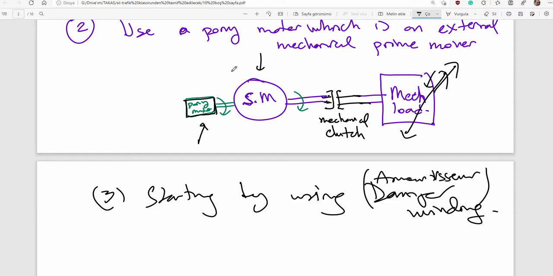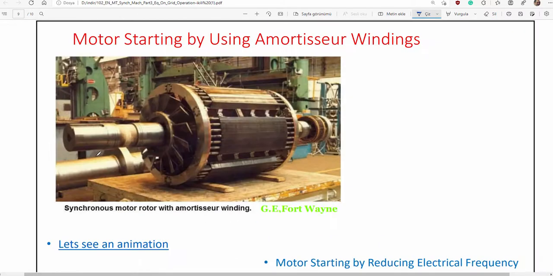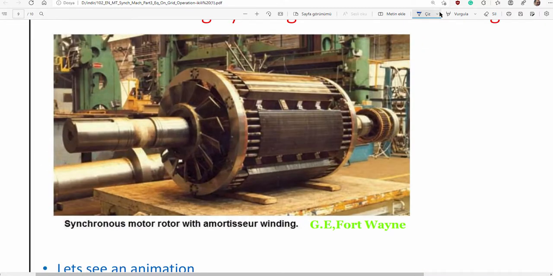It looks like induction machine startup because you see some short circuit bars inserted into appropriate slots. Here are short circuit bars, just like in a squirrel cage induction machine rotor. Here are short circuit rings.